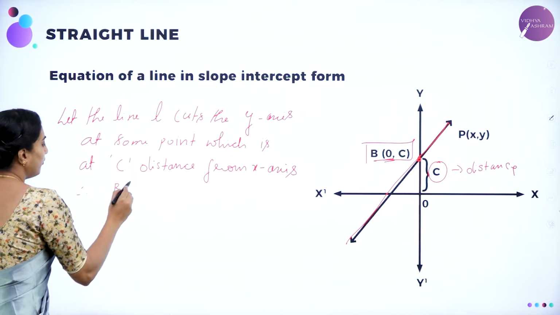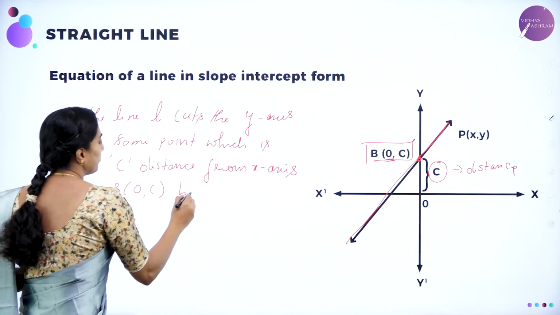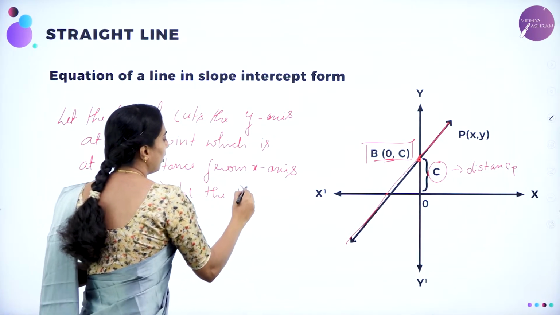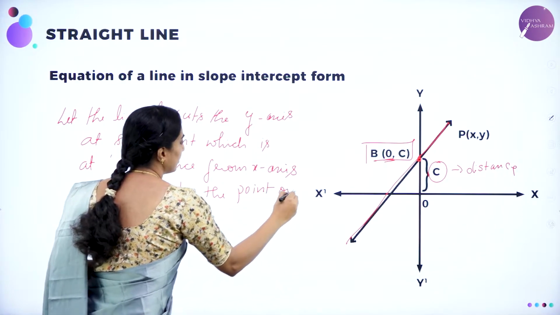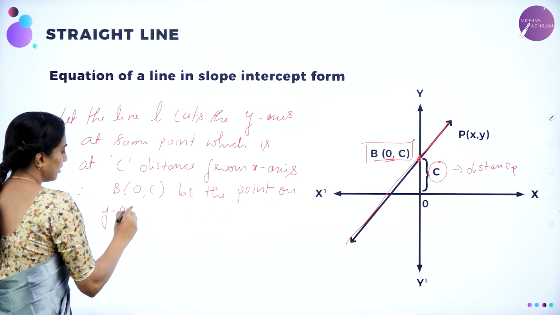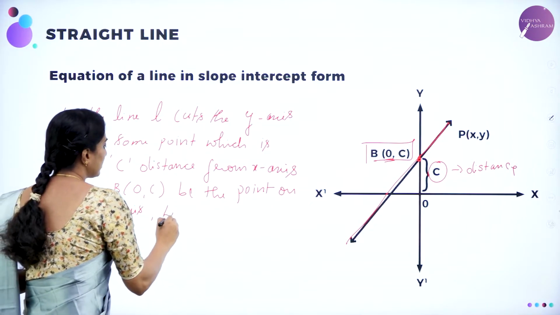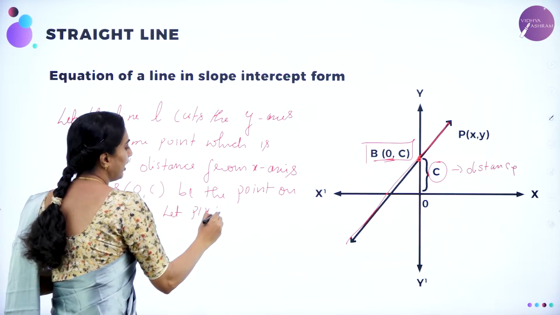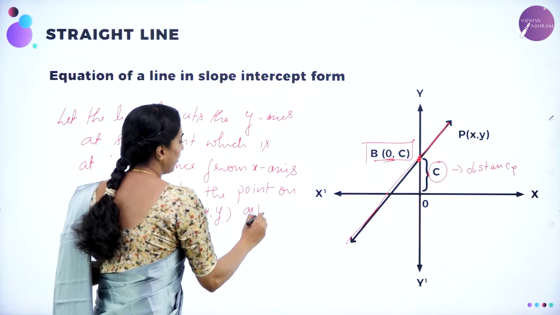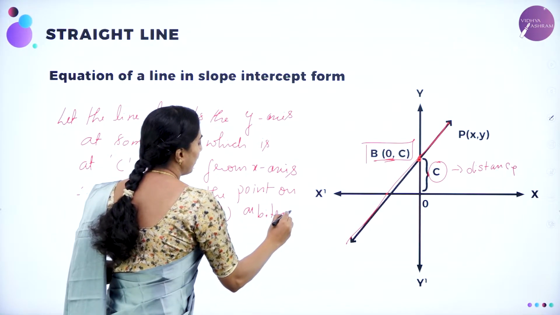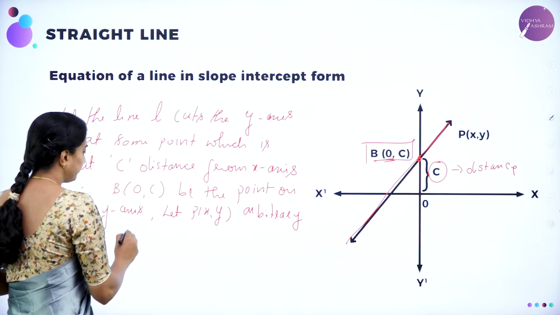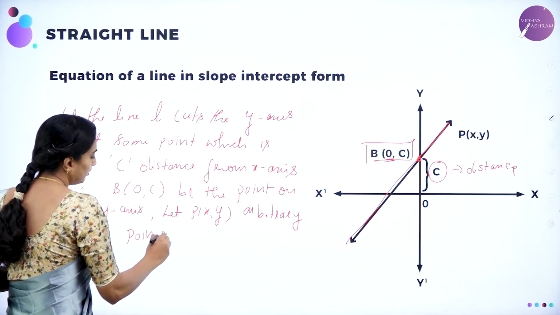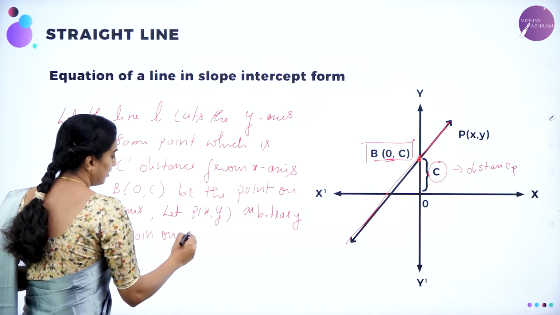Therefore, B of 0, C is the point on the y-axis, and let P of x, y be an arbitrary point on the line.